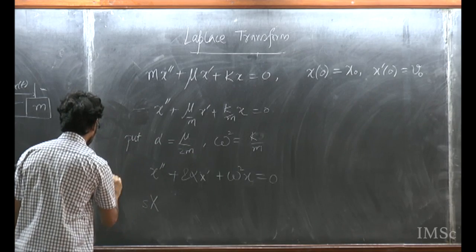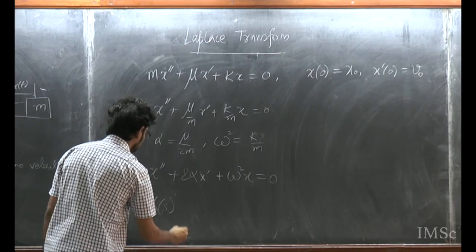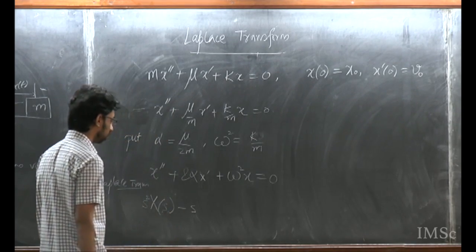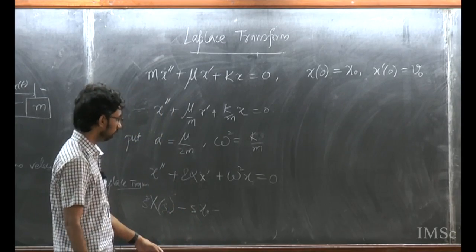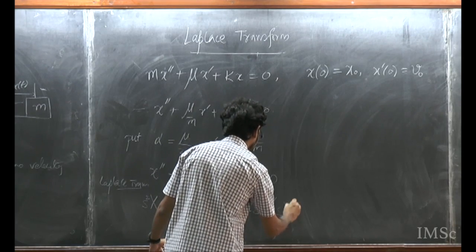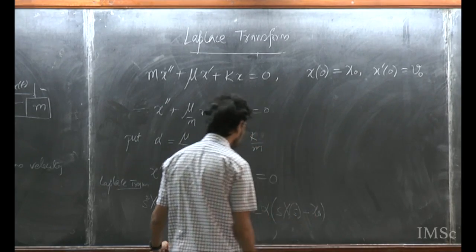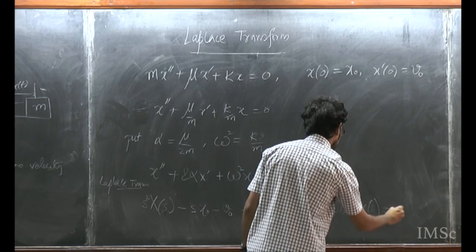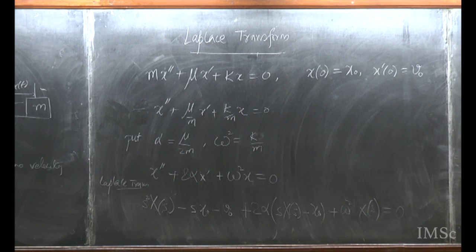Laplace transform: s squared Xs minus s x naught minus v naught, plus 2 alpha s Xs minus x naught, plus omega square Xs. What is x0? x0 is x naught. Yes, sorry. Is this okay?